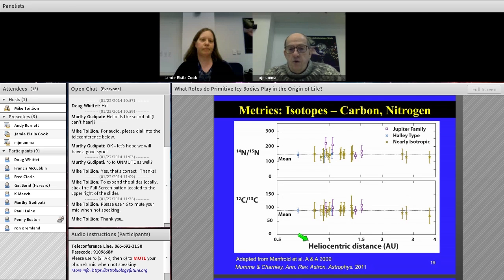There's been no explanation for this, nor has there been any explanation for the enrichment of the Earth itself in terms of nitrogen versus the cosmic value. So this represents a puzzle as to why the comets are different from the Earth. Did they have a role in enhancing the Earth above the nebular value? Is that the reason the Earth is high in nitrogen 14 versus 15 ratio or not?